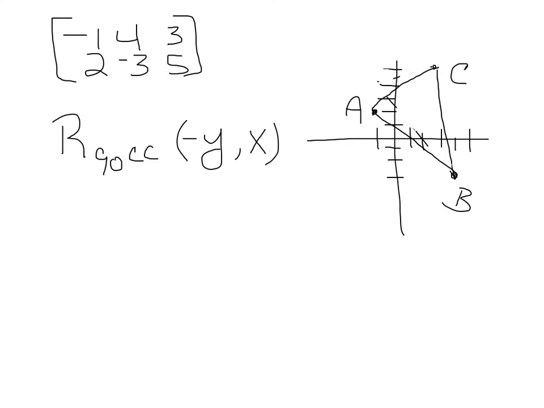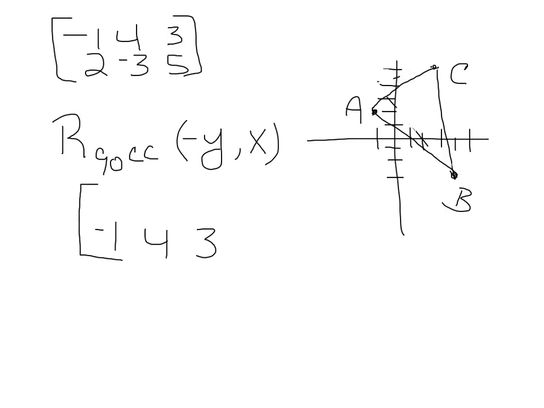What this is telling me is that I will switch the order and I will multiply the original second number by a -1. So the top numbers will remain the same. They're just going to go to the bottom. So -1, 4, 3.